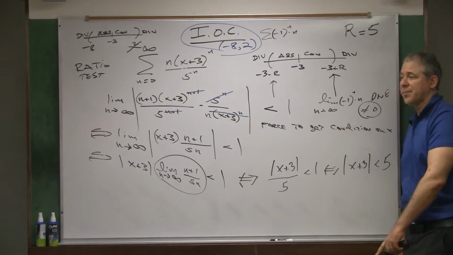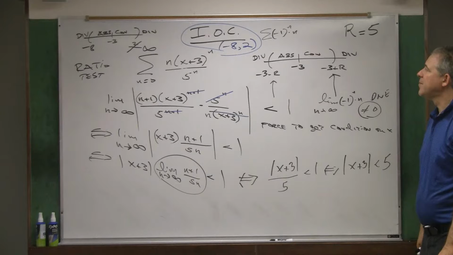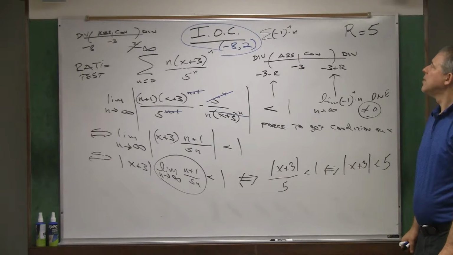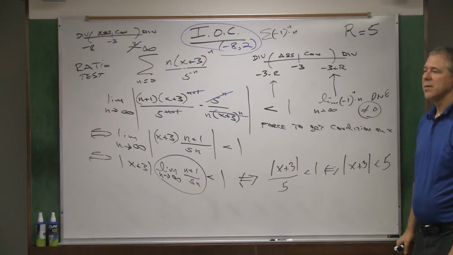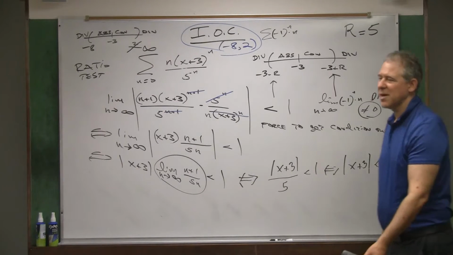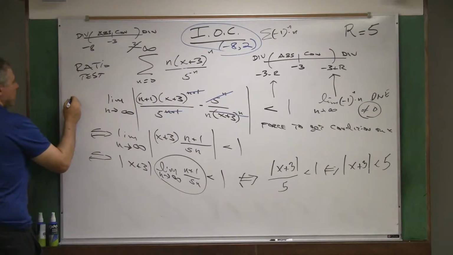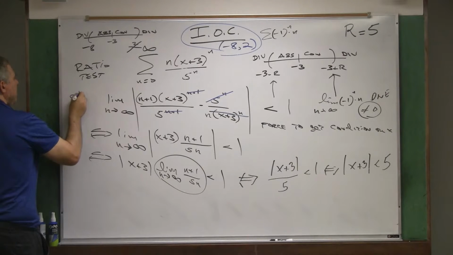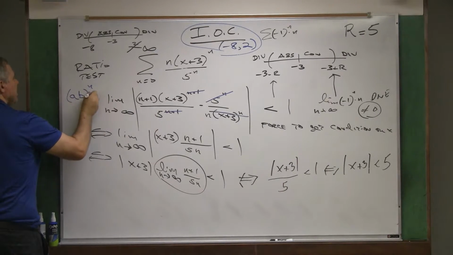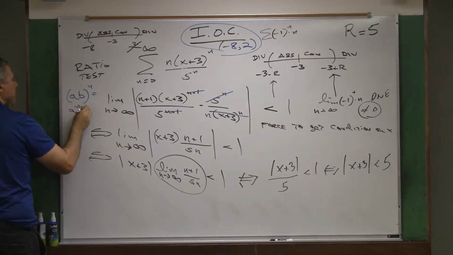When you plugged in -8 and you left the -1 to the n, what happened to the n on the bottom? There was a cancellation. You know that ab to the n is the same as a to the n times b to the n?